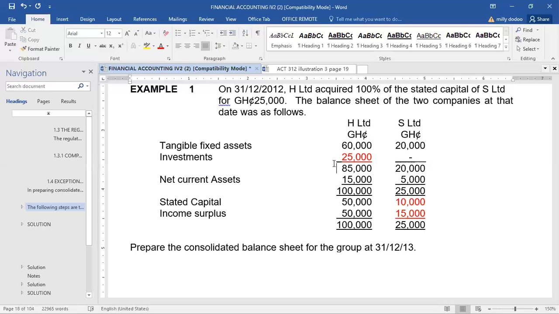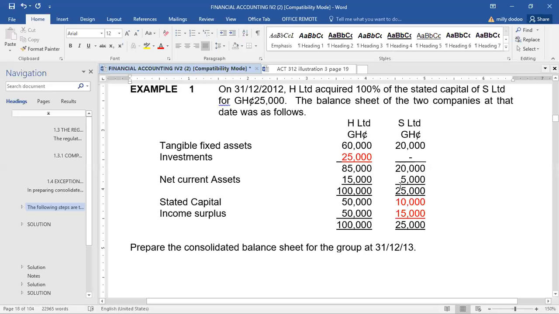So you will tell H that your company costs 25,000. So H will now mop up 25,000 and come and give to you. Then he will take your assets and then your liabilities over.